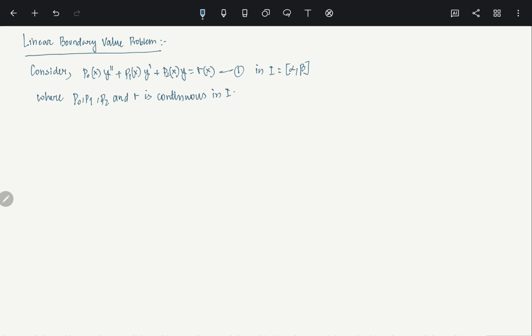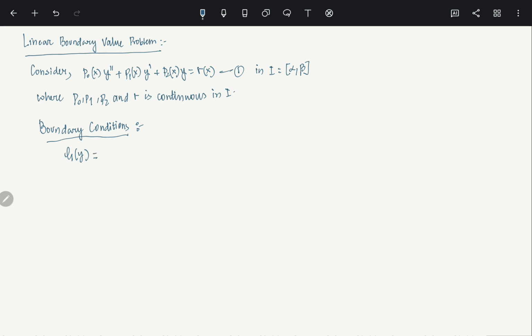So together with 1, we are now putting some boundary conditions. What are the boundary conditions? L1 of y is the first boundary condition.